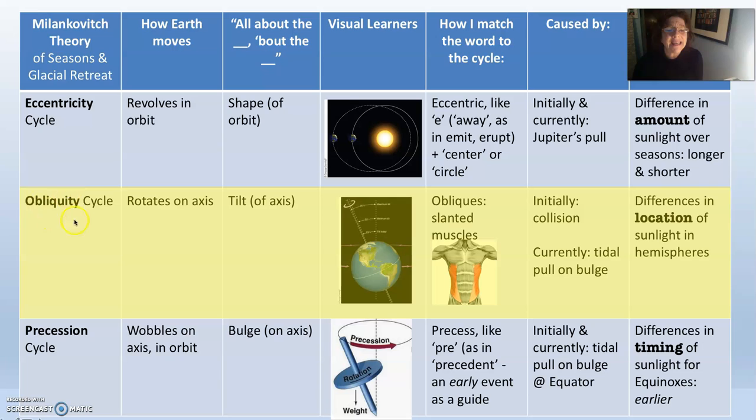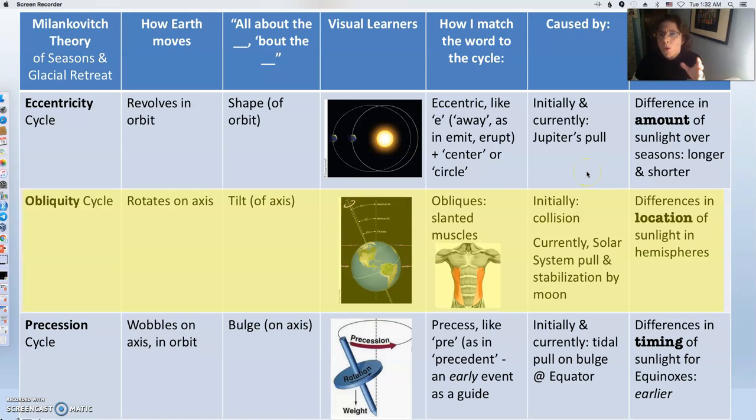The obliquity cycle is the slant that the Earth has on its axis. The Earth does not rotate from a perpendicular axis. The Earth actually rotates on a slanted axis. The slanted axis can go on a tilt anywhere from about 22 to about 24.5 degrees.